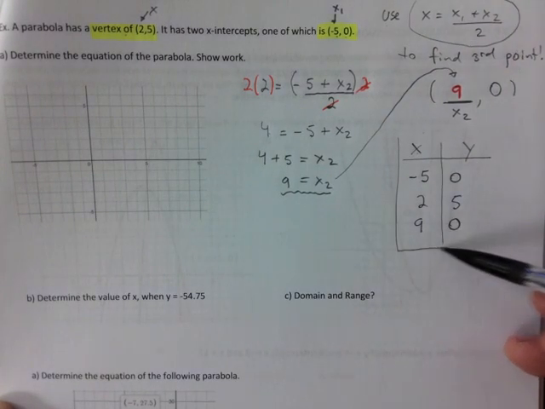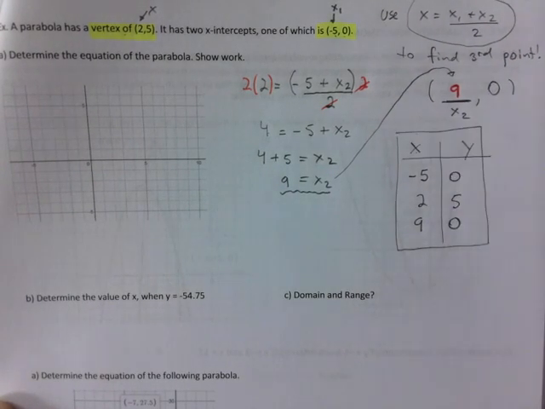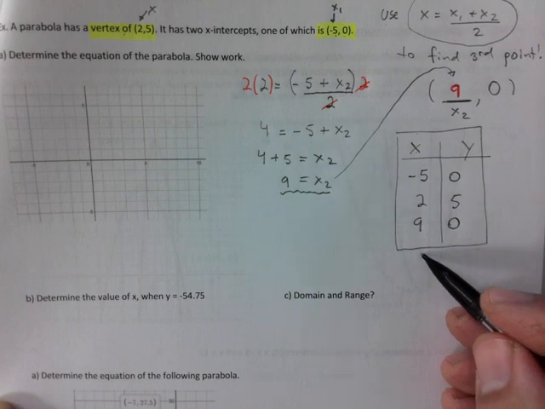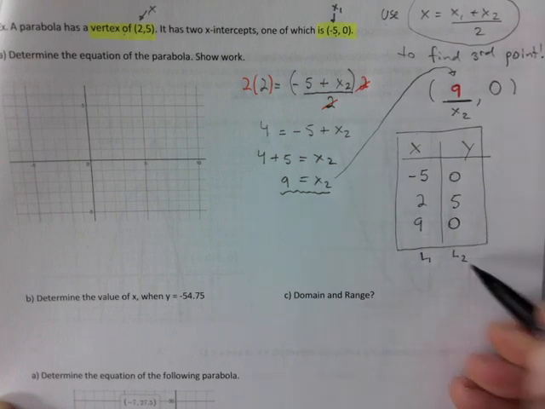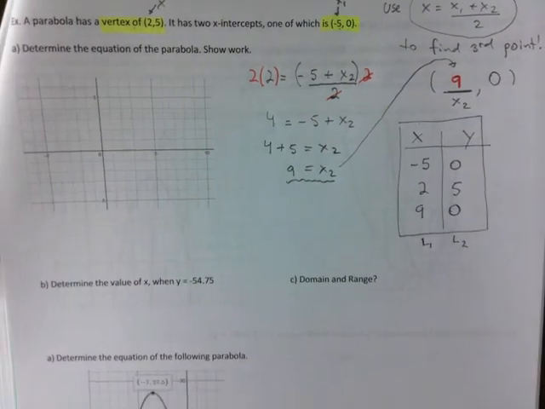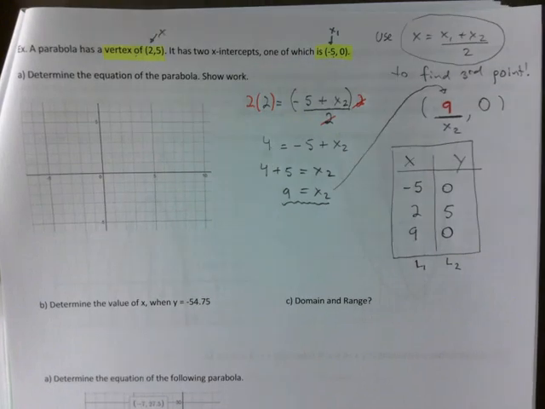Set up a little table. And you type this into L1. This goes into L2. Because we want to determine the equation of the parabola.